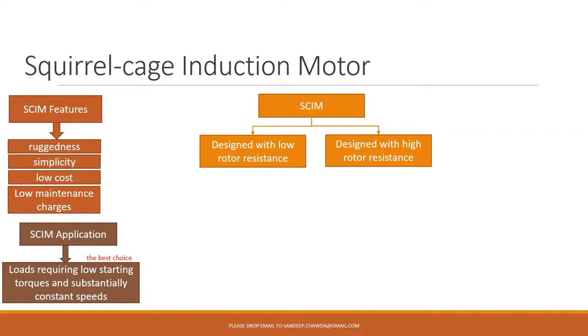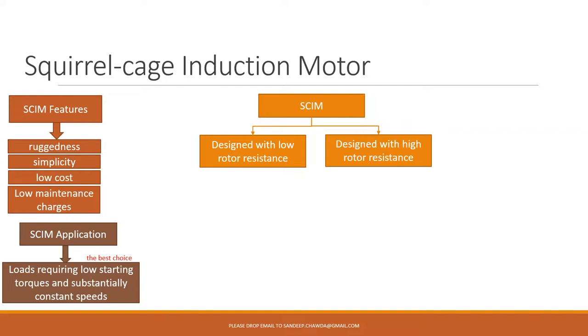As we were talking about, its rotor resistance will be decided during the time of designing. So you can basically design two types of squirrel cage induction motor, where you keep the resistance low, and for another design you keep a high value of resistance.